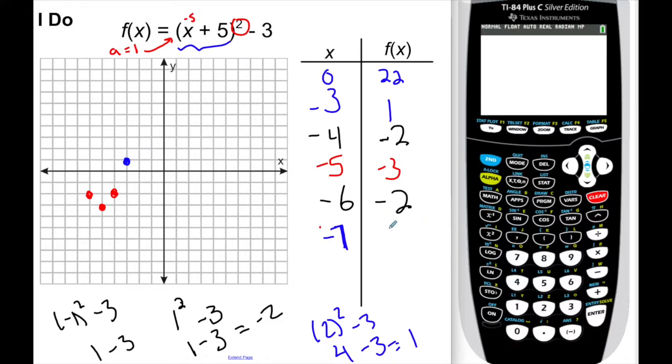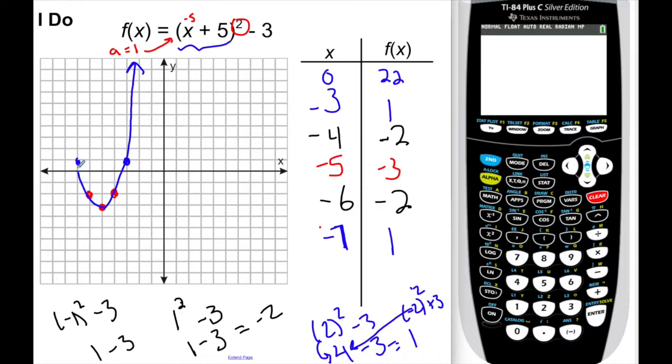And we know -7 has to be the same. And if you plug in -7, you get, notice, this is what you get. But look, these are going to both lead to the same number when you square them. And since all you're doing is subtracting 3, right, this doesn't depend on x. Well, once you get the same number when you square it, the rest of it is just going to be the same idea, right? That's going to ensure that the corresponding outputs are the same.